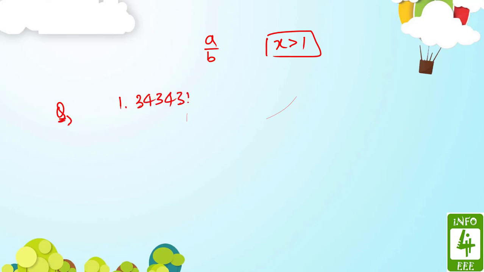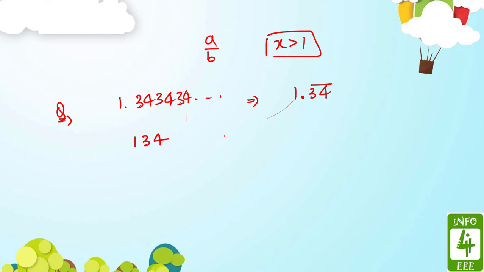Now for the A upon B form, if the number is greater than 1, how will we solve it? For example, the question is 1.343434, and so on. It means it is 1.34 bar, right? So how do you need to solve this? You need to write the whole number, which is 134. Ignore the decimal right now. So the whole number is 134, right?